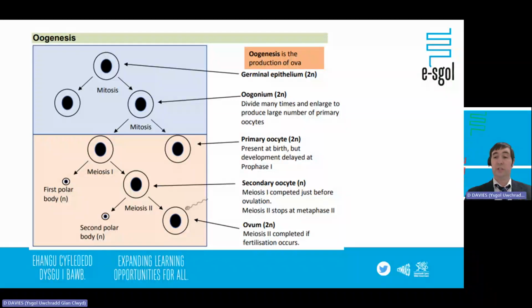Oogenesis is slightly more complicated. You do have similarities, but there are also differences. During oogenesis, that happens in the ovaries. You have a germinal epithelium, the same as you do in spermatogenesis.